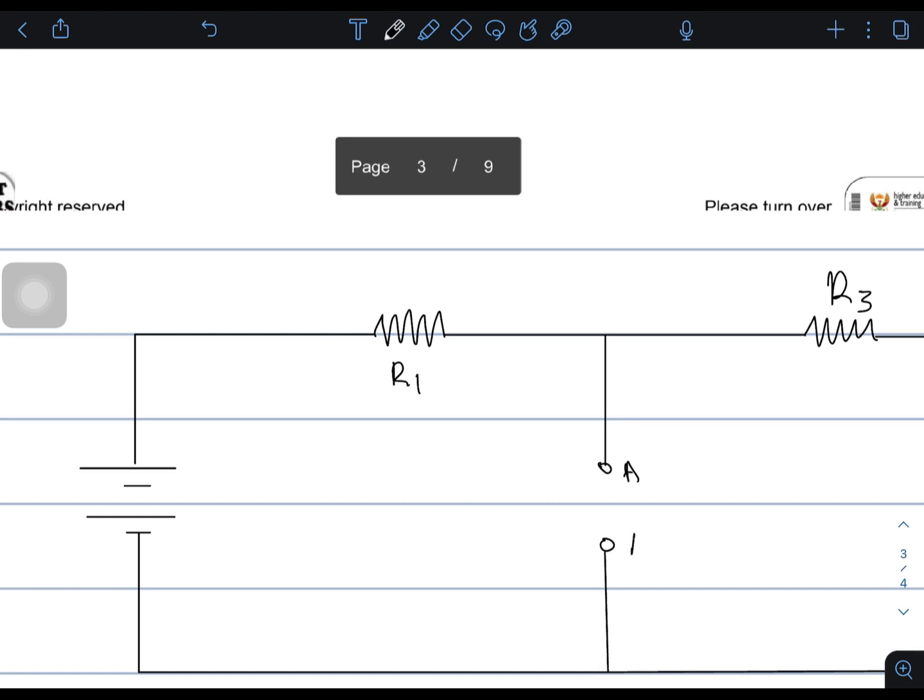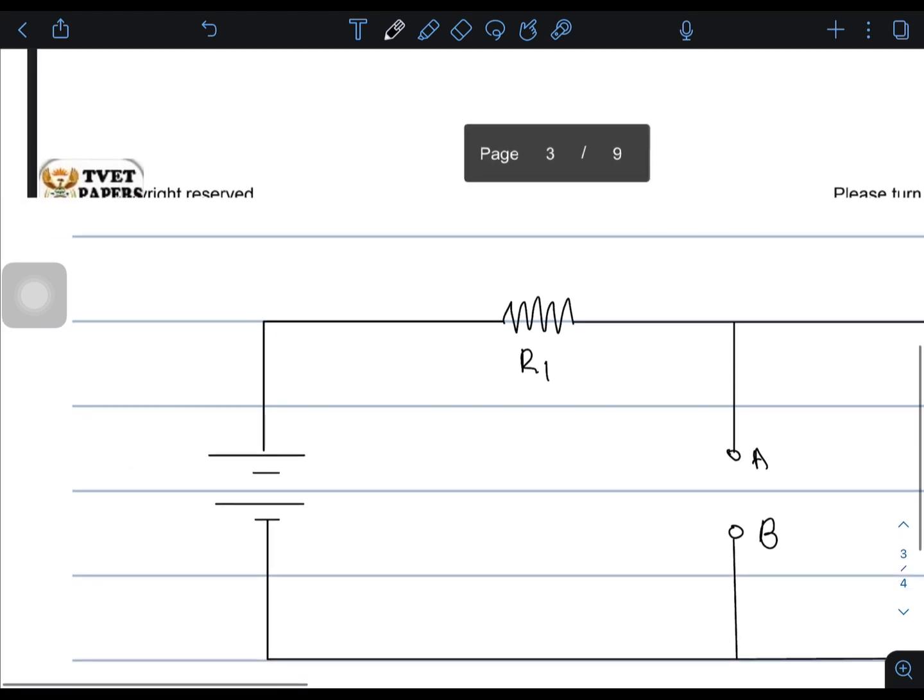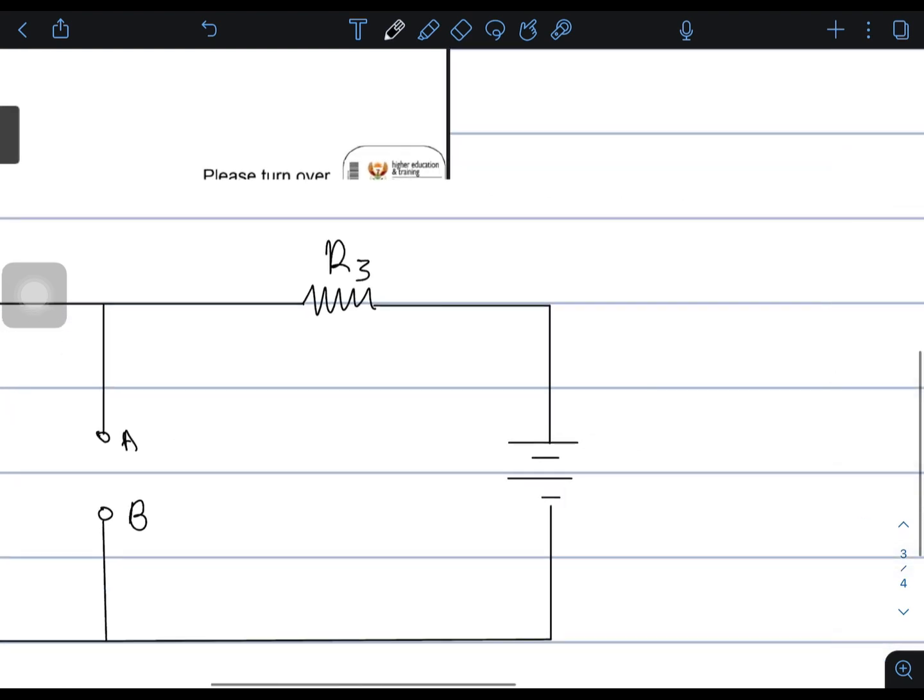Terminal A, terminal B. Okay, this is V1, this is V2.